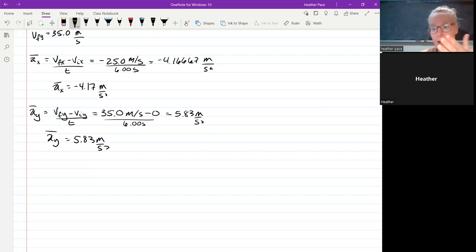Now, it is not asking for the x and y components. It is asking for the magnitude of the car's acceleration, or the hypotenuse of the triangle made by the x and y components. So let's draw a triangle, and using that triangle, we can figure out what our magnitude is.